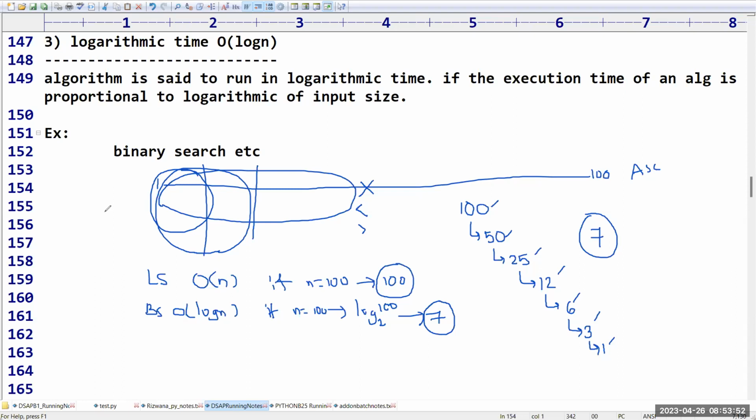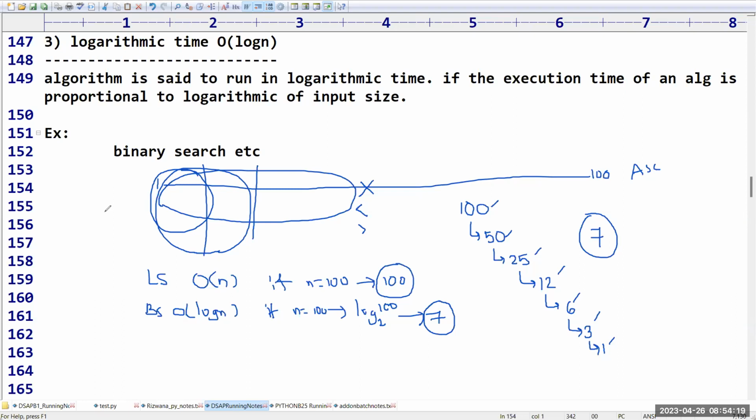Anyone knows about merge sort? Can you please confirm? Divide and conquer. Have you heard about this terminology? Merge sort. Divide and conquer. We are dividing. What are these algorithms going to do? They divide the entire problem into half, right?